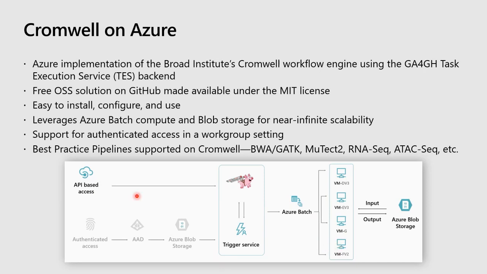We have authenticated access, and users can either supply data directly using REST APIs, or they can use Azure Active Directory services to upload data to blob storage, initiate and automate analyses, and have the output reported back to them.